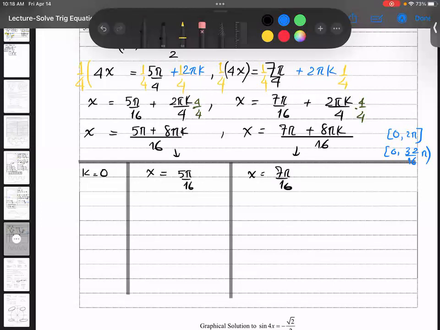When k equals 1, x is 5 pi plus 8 pi, which is 13 pi over 16. Over here is 15 pi over 16. When k equals 2, 2 times 8 is 16, plus 5 is 21. So 21 pi over 16. 8 times 2 is 16, 16 plus 7 is 23.